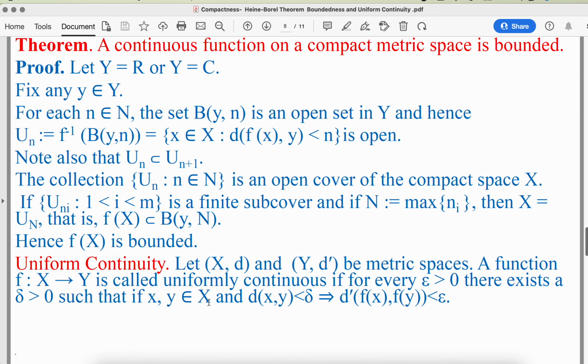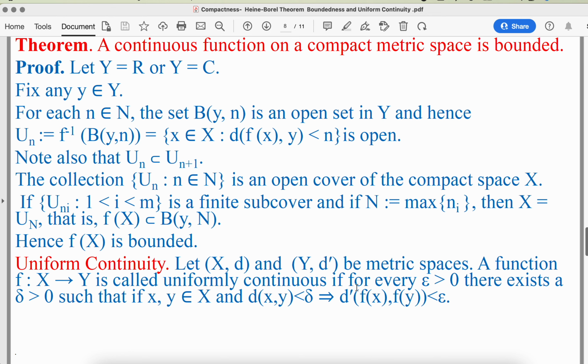Now, uniform continuity. Suppose (X, d) and (Y, d') are metric spaces. A function f from X to Y is called uniformly continuous if for every epsilon greater than 0 there exists a delta greater than 0 such that if x, y belong to X and the distance of x from y is less than delta, then the distance of f(x) from f(y) is less than epsilon.